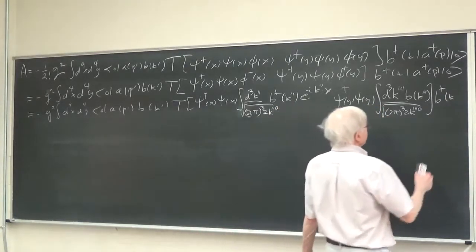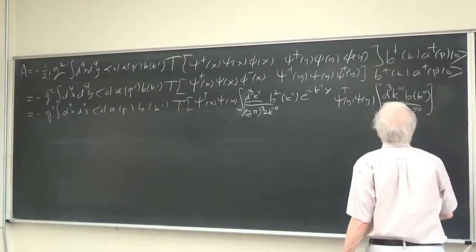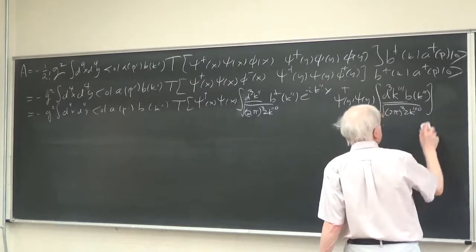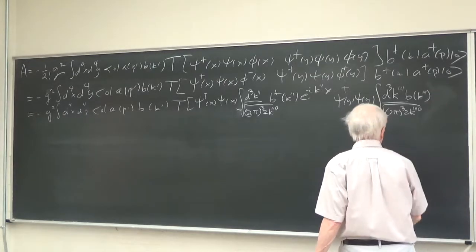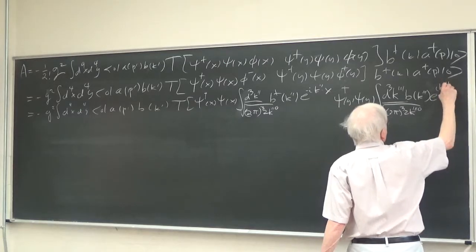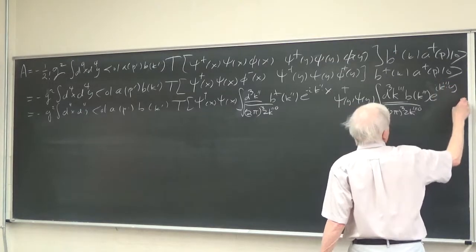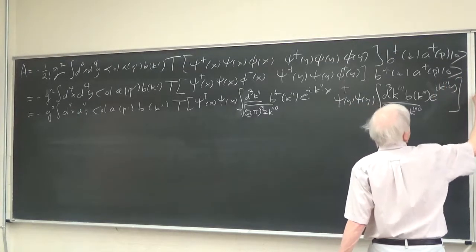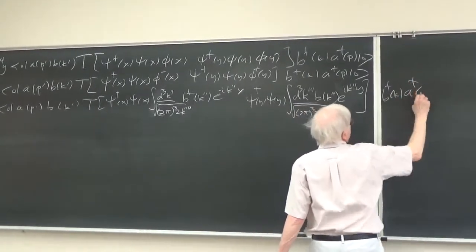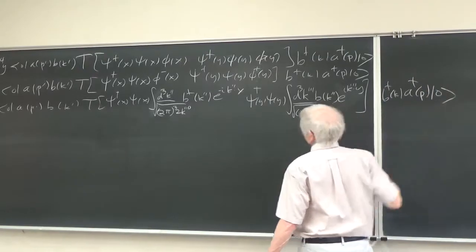The phase factor for the annihilation operator is e to the i k triple prime dot y, and then b dagger of k, a dagger of p on the vacuum.